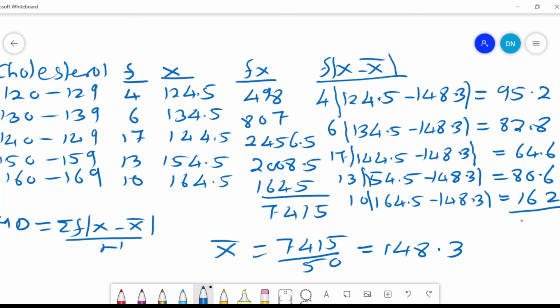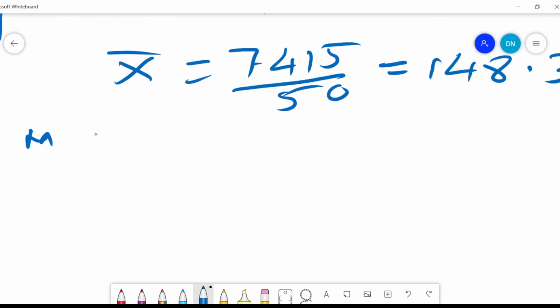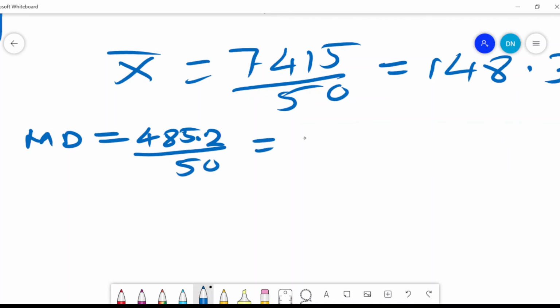So if I sum all this, it will be 485.2, and that will give me the value. Now with that value, it's very easy for me to compute the mean deviation. The mean deviation will be given by 485.2 divided through by 50, and the answer will be 9.704, and that is the mean deviation.